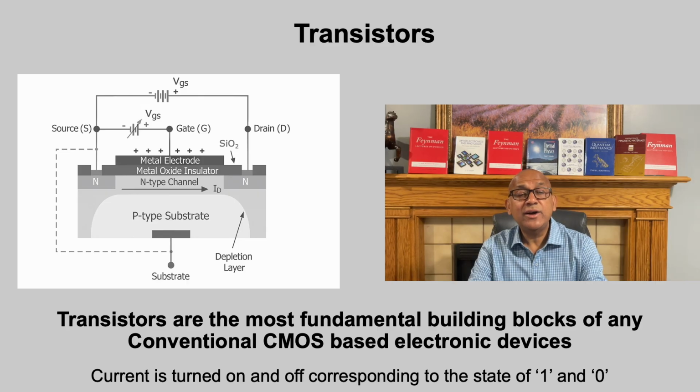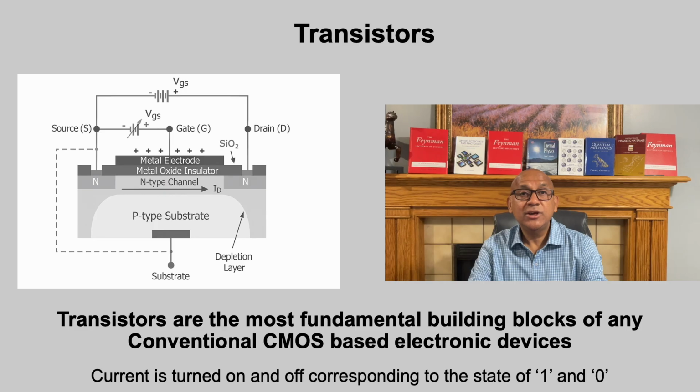Transistors are the most fundamental building blocks of modern CMOS-based electronic devices. Here you see a schematic of a field effect transistor. It has three main terminals: the source, the drain, and the gate. When a voltage is applied at the gate, it creates an electric field that controls the flow of current between the source and the drain.